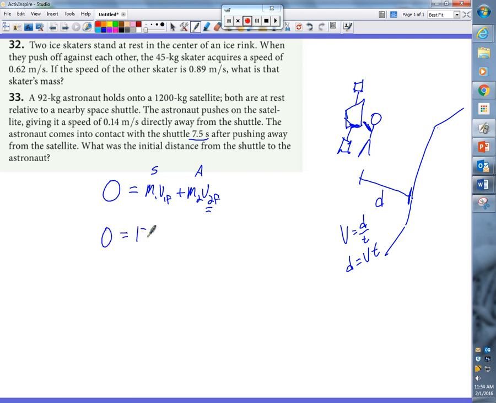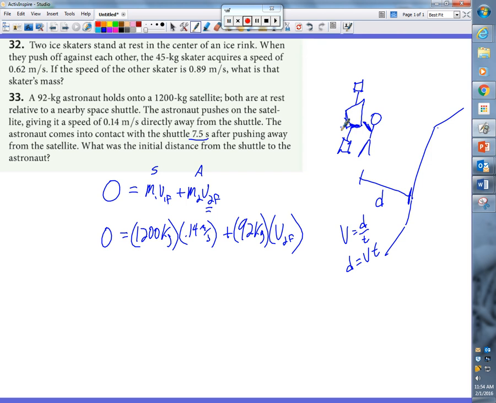M1, a very large satellite, gets pushed away at a very slow speed, 0.14 meters per second, plus the mass of the astronaut, 92 kilograms, multiplied by the speed that he is at, v2 final. Now if we set it up like this, that'll come out to be a negative number. That's fine.